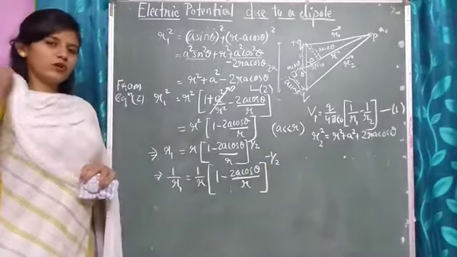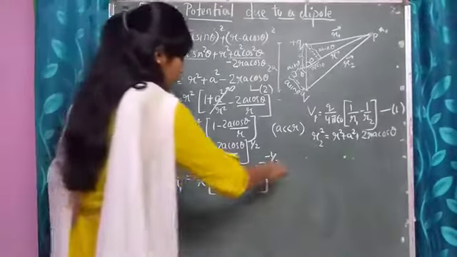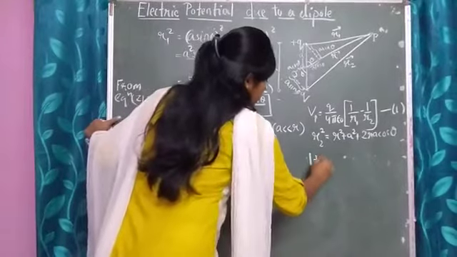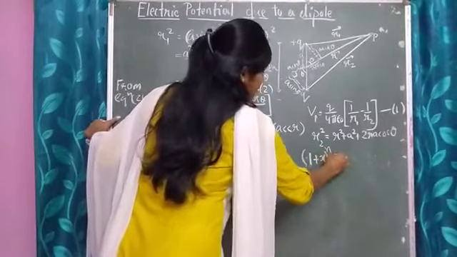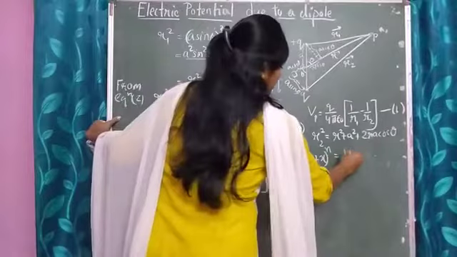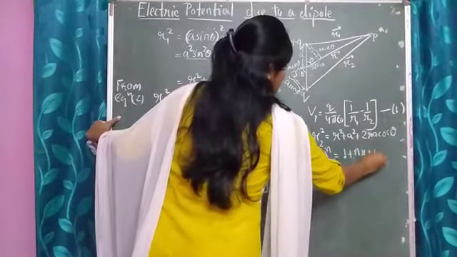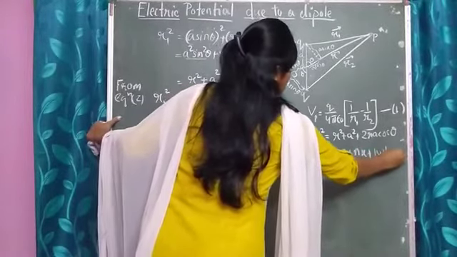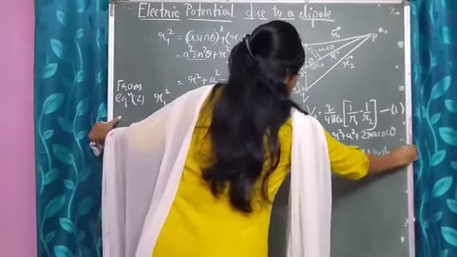Now let us use the binomial expansion, that is 1 plus x to the power n is 1 plus nx plus higher order terms of x.